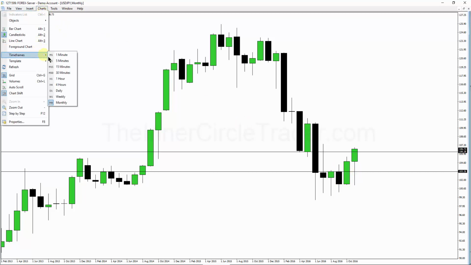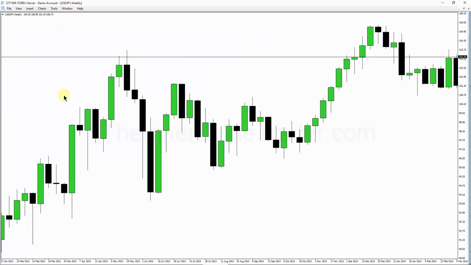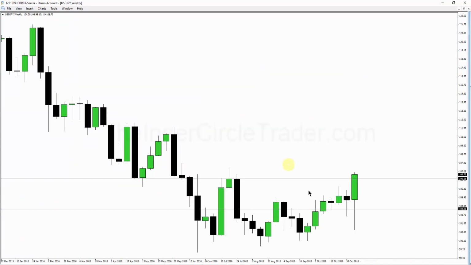We drop into a weekly chart. Here's price trading below 103.26, and again here on the US election, trading down into the bullish order block here. We go into a daily chart.